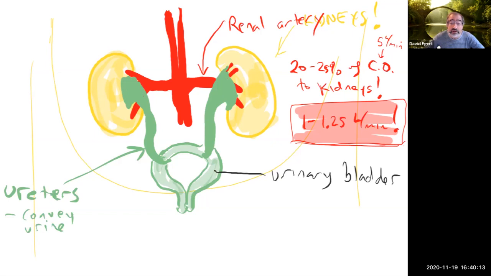The urinary bladder has a lot of smooth muscle in it. Then there's an extra tube.